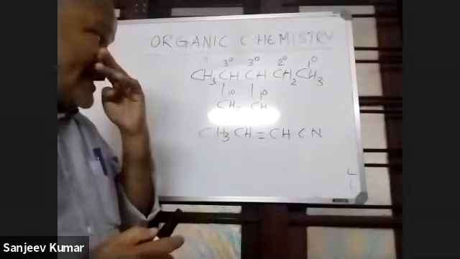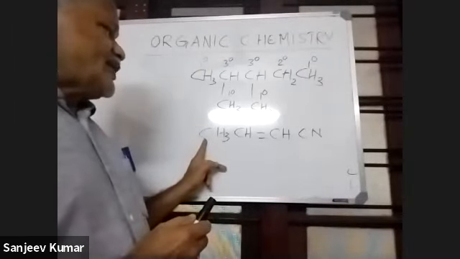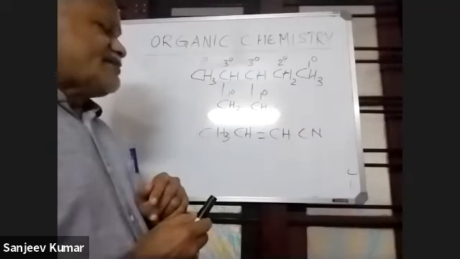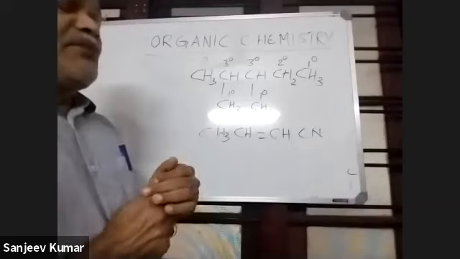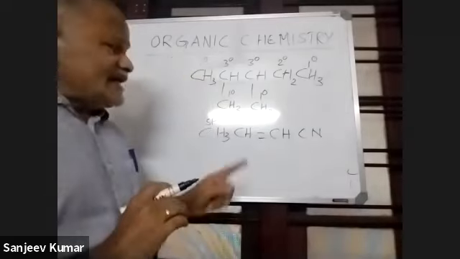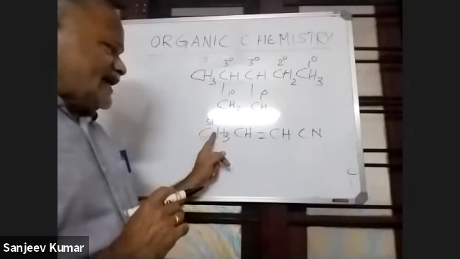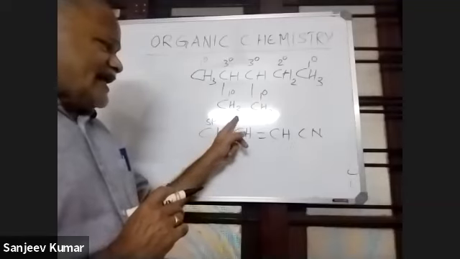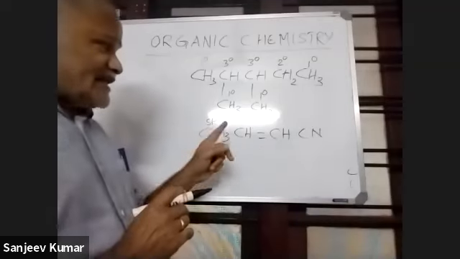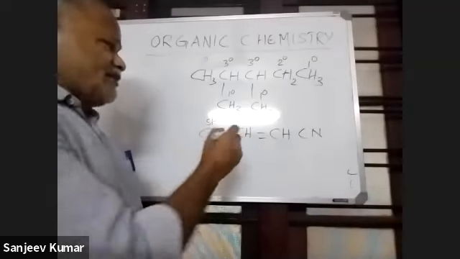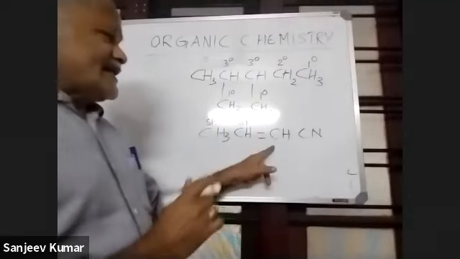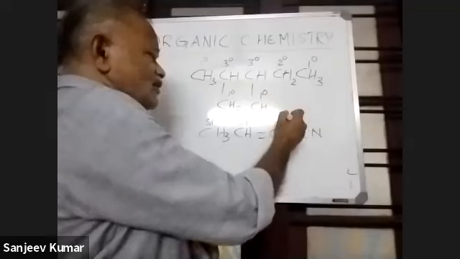Here the first carbon atom is bonded to 3 hydrogen atoms and 1 carbon atom, so there are 4 sigma bonds, and it is sp3 hybridized. The second carbon contains 1 carbon-carbon single bond, 1 carbon-hydrogen single bond, and a carbon-carbon double bond, which means 3 sigma bonds and 1 pi bond. Therefore, it is sp2 hybridized. Similarly, the third carbon atom is also sp2 hybridized.